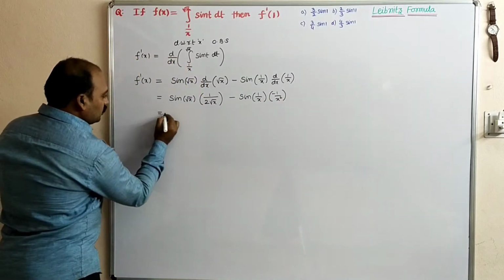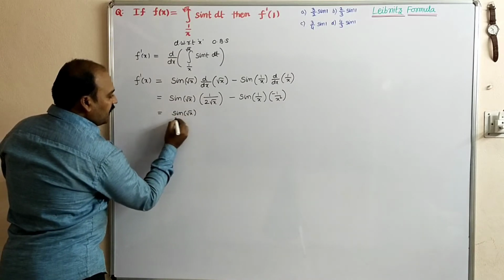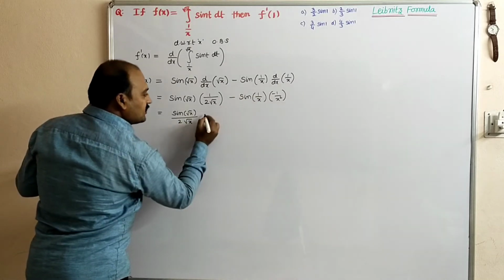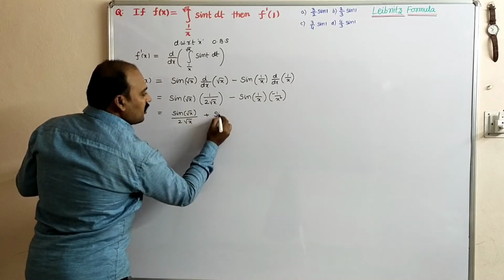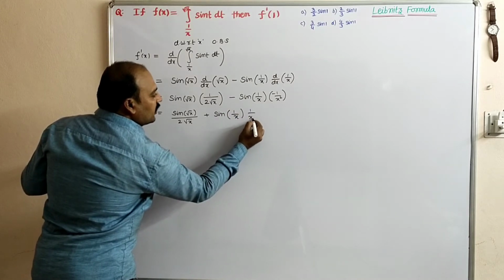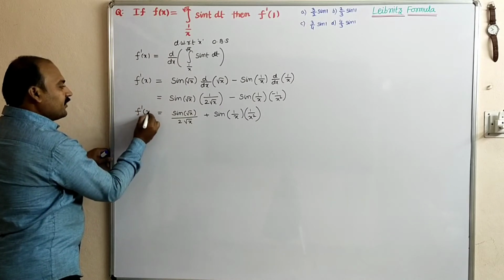So it is equal to sin root x divided by 2 root x, minus into minus is plus, sin of 1 by x into 1 by x square. This is the value of f dash of x.